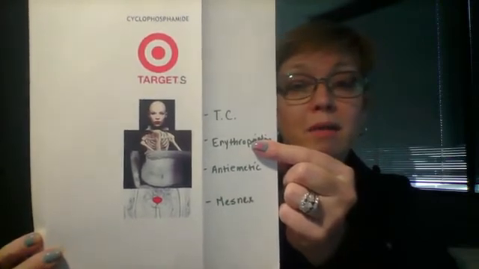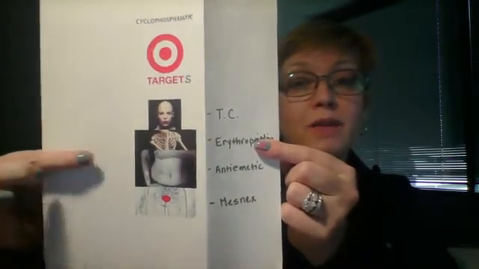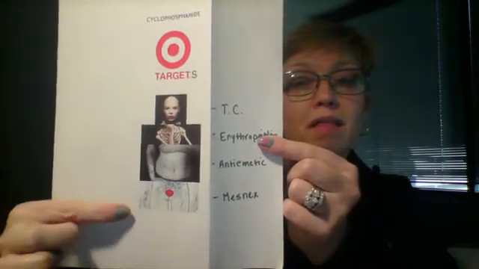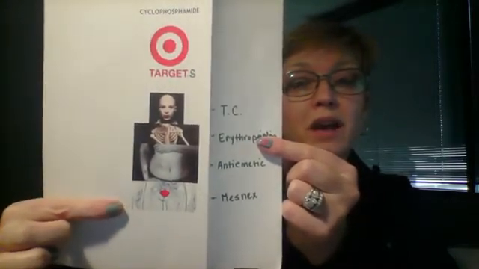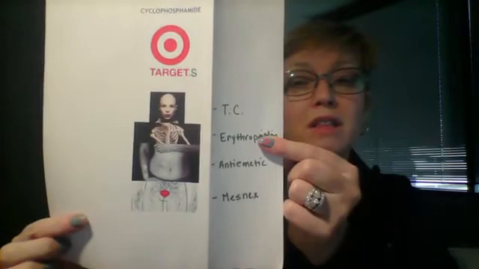We can give an antiemetic for the GI problems, and then we can give Mesna to protect the bladder, but another thing we can do is give lots and lots of fluids. In fact, I'm going to take my pen and add H2O.